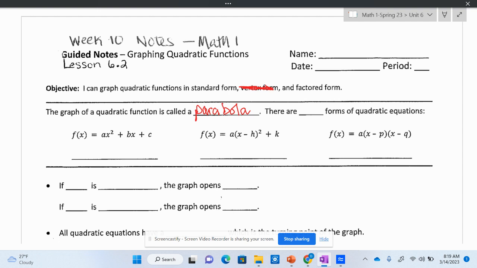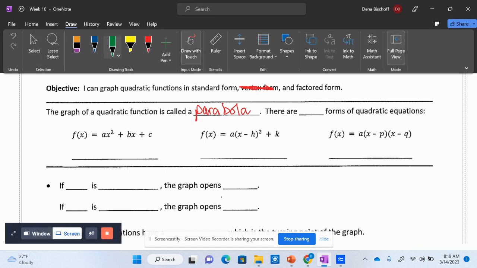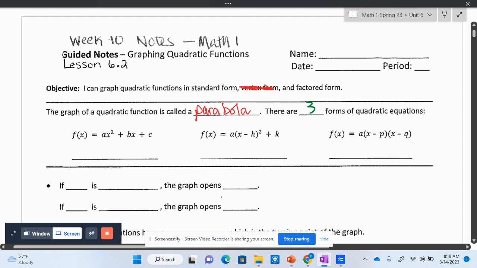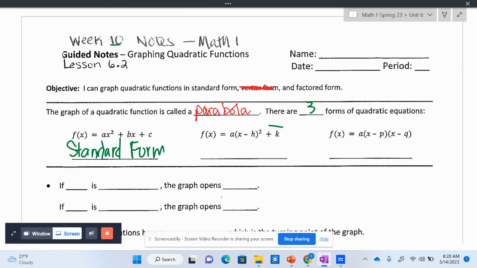There are three forms to quadratic equations. We're going to use two of them. So the three forms are standard form, this next one right here, this is vertex form.